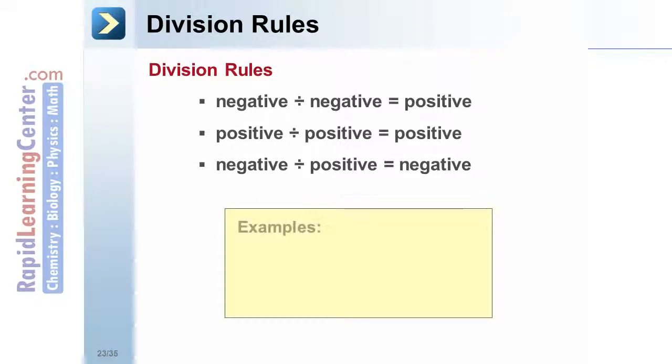Example 1. Negative 8 divided by negative 2 is 4. Example 2. 8 divided by 2 is also 4. Example 3. Negative 8 divided by 2 is negative 4.